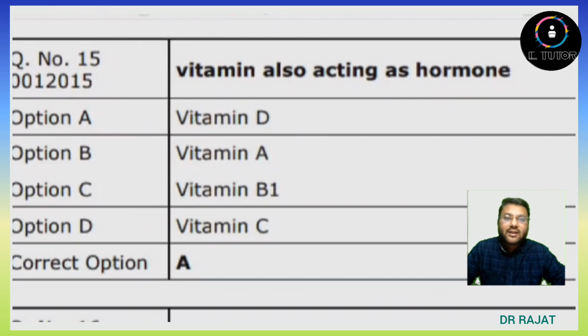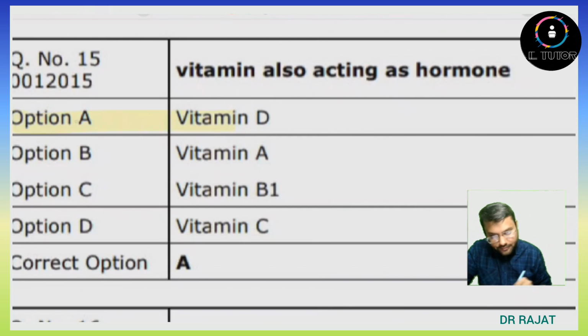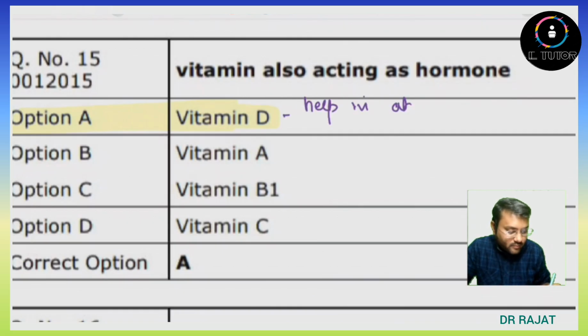Vitamin also acting as hormone. So vitamin D, vitamin A, vitamin B1 and C. So vitamin D acts as a hormone also. It helps in the absorption of calcium and phosphate.